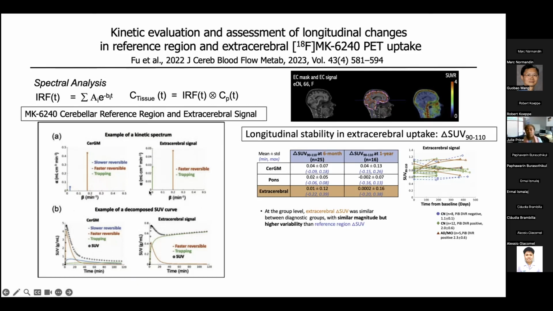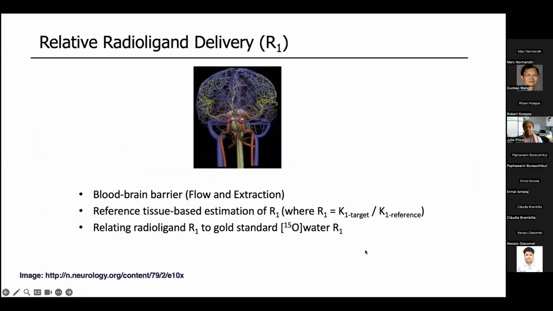But it was the magnitude of the trapping relative to the faster reversible that was really notable for the extracerebral signal. And that was found to be similar between diagnostic groups with similar magnitude, but the extracellular change in SUV from 6 months to 1 year was much greater. And this component was found in about 50% of the subjects.